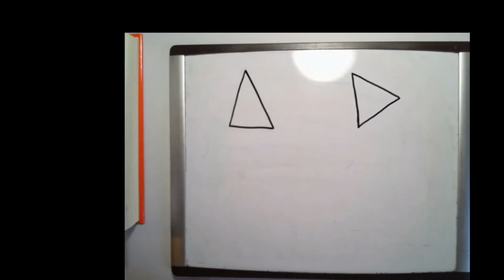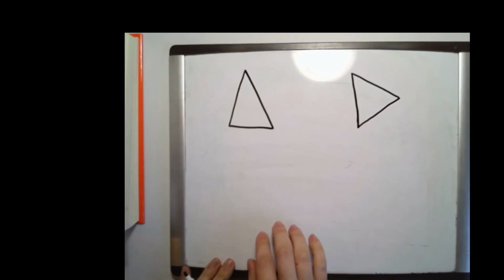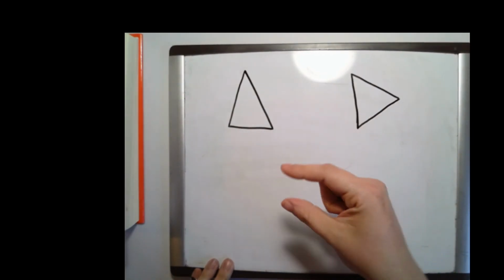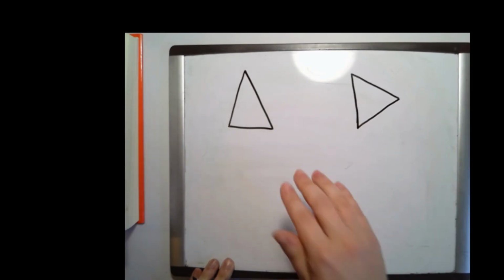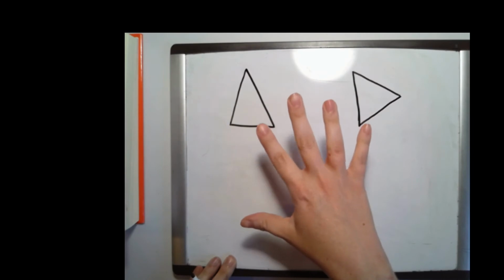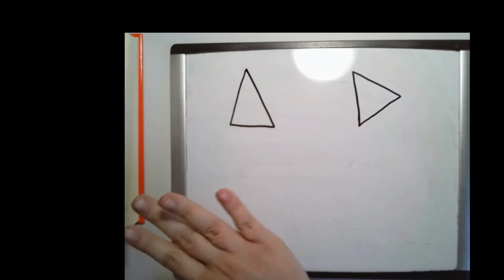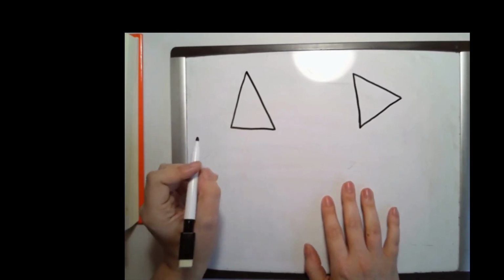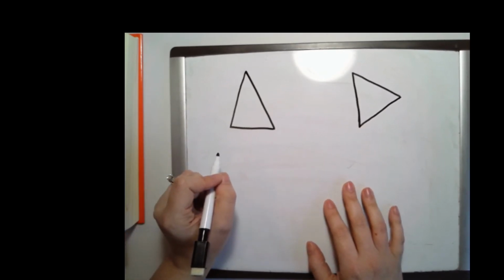Okay, so it's important to note that no matter which direction an acute triangle is facing, or how it's tilted or turned or flipped, it is still an acute triangle. So regardless of how the acute triangle looks, if it's an acute triangle, we'll use the same formulas we just talked about. So I'm going to go ahead and write my formula.